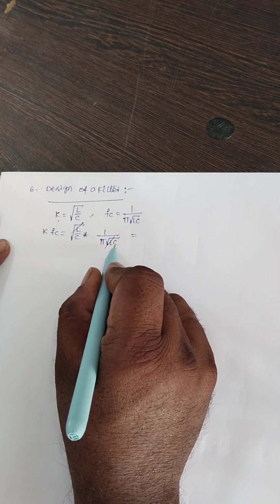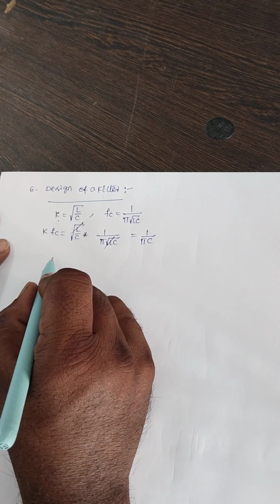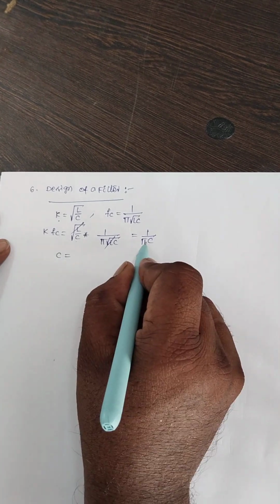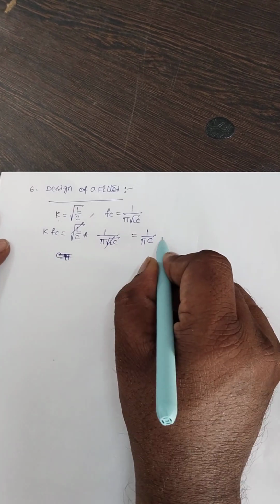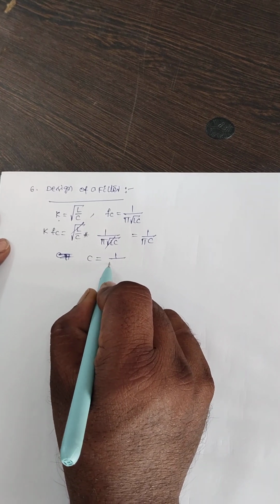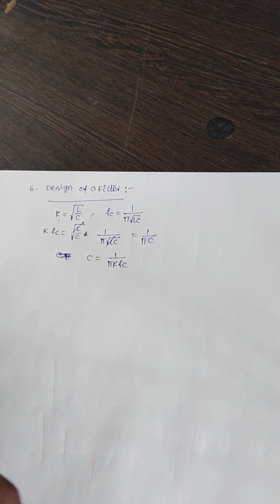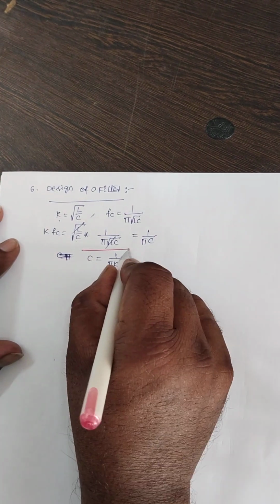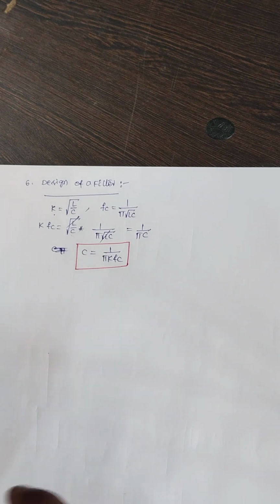Square root of C into square root of C gives C, so it is 1 by pi C. And the value of C here is 1 by pi into k into fc. So this is the capacitance value in case of low pass filter.